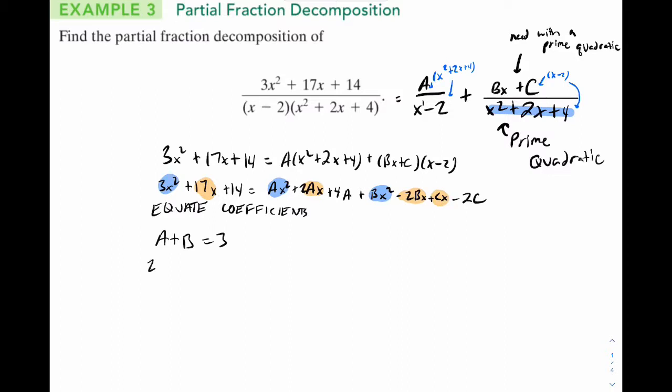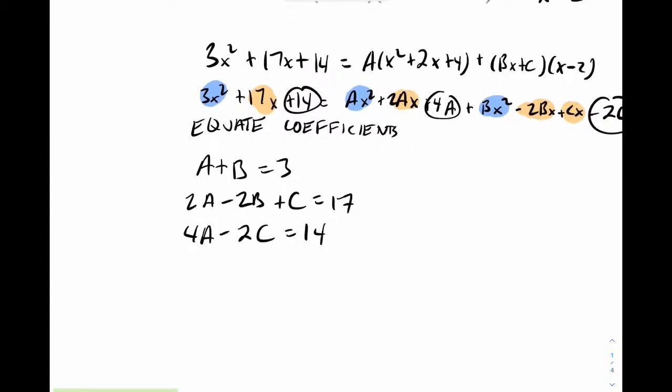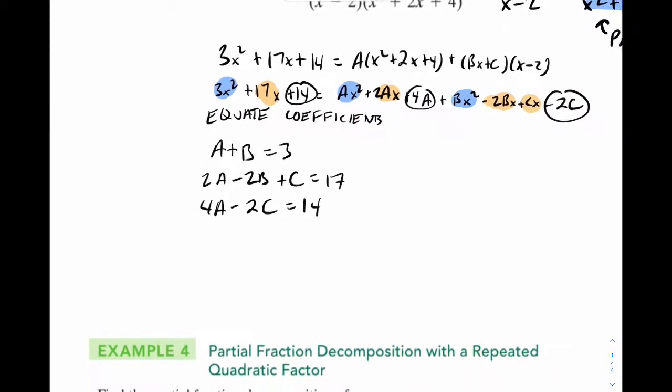So that's going to be 2A minus 2B plus C. That's equal to 17. And I'll circle the numbers here. So that would be 4A minus 2C. That's 14. And at this point, we're going to solve this by hand. And notice how we have 3 variables and 3 equations. So this is very doable.